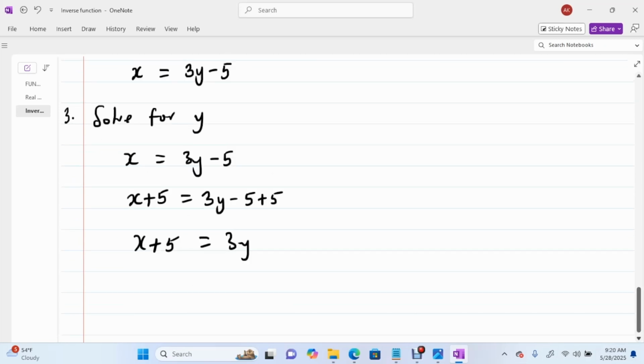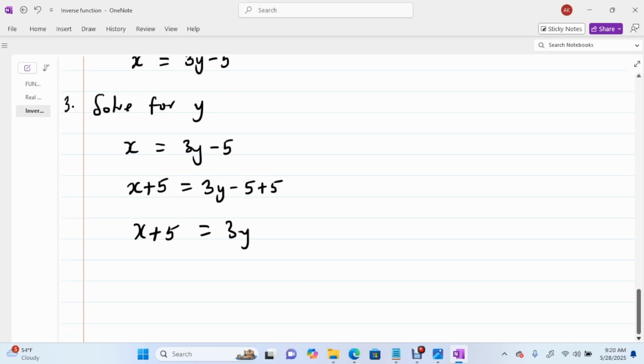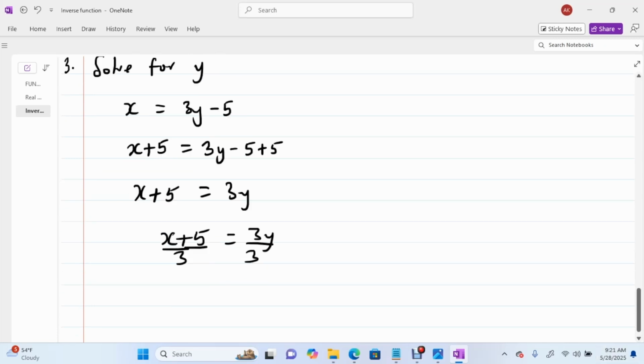And then we divide through by 3, and we get y to be equal to x plus 5, all this divided by 3.